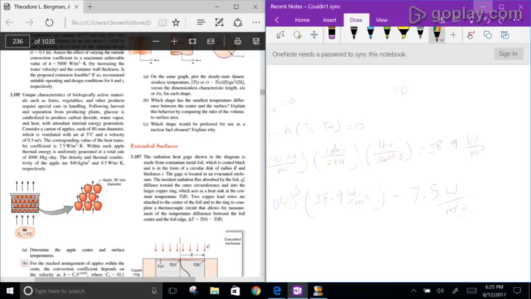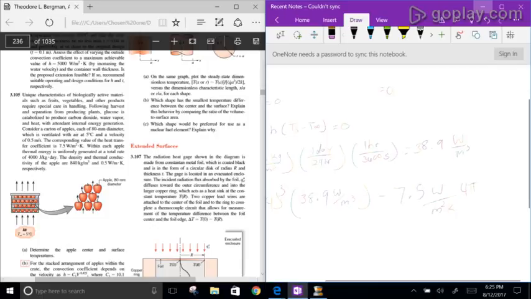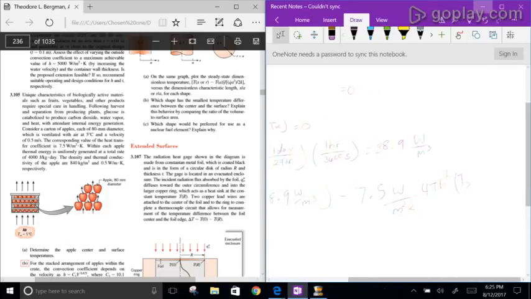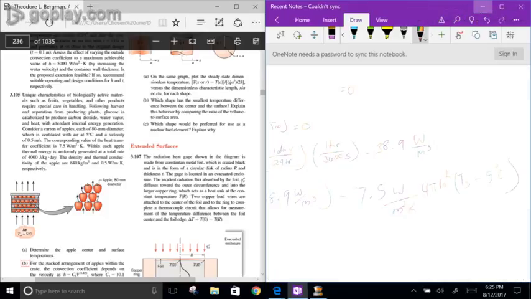Yeah, I think it's 4 pi r naught squared, times T surface minus 5 degrees C. So this is 0.04 again, 0.04 squared.